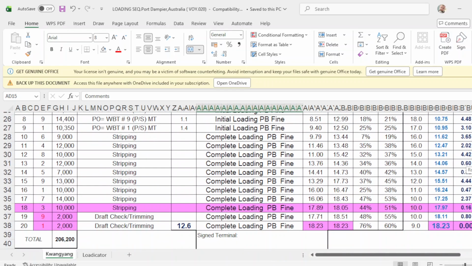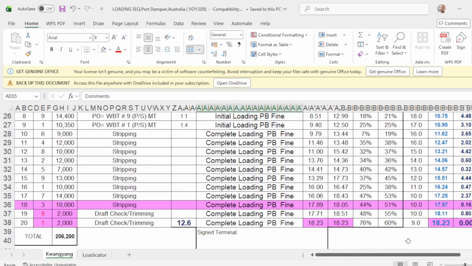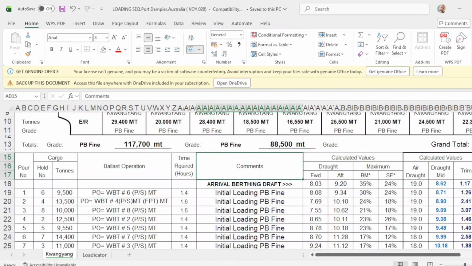And finally you reach the final draft of even keel of 18.23 meters, with this as your bending moments and your shearing force.